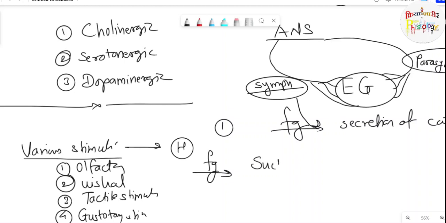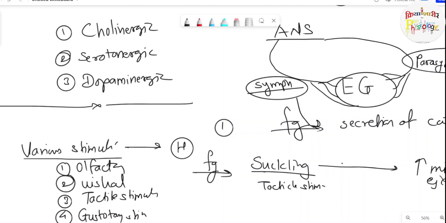An example of this mechanism is milk ejection due to the suckling reflex. Suckling is a tactile stimulus. This suckling is responsible for increased milk ejection, but actually suckling causes increased oxytocin secretion, and increased oxytocin concentration leads to increased milk ejection.